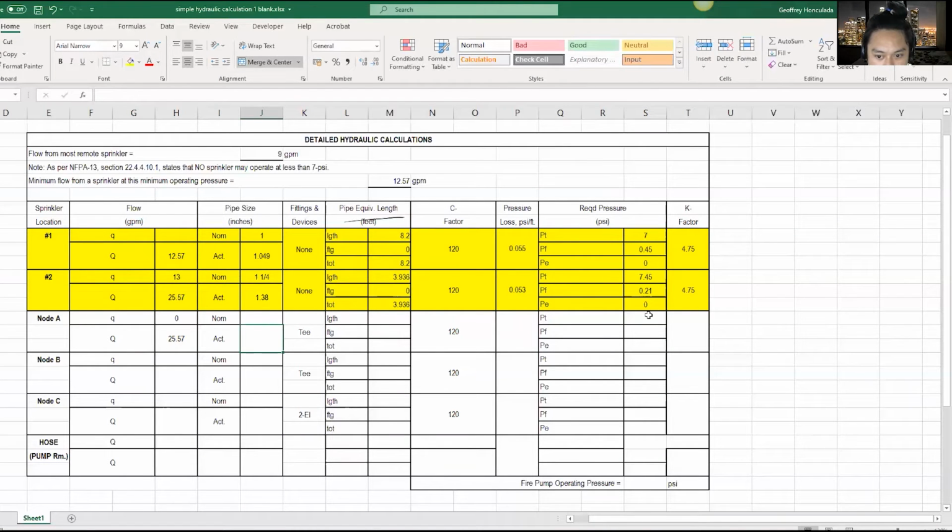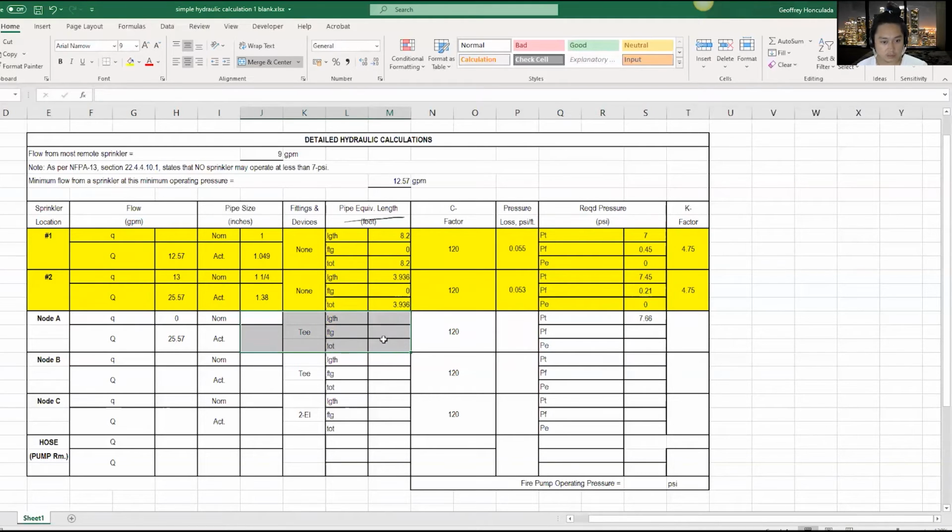The next thing we need to check is to fill this out. First is, I forgot this one, the total pressure at node A. Again, that's just the summation of the pressures at node 2. So all you need to do is add this plus this, and you've got the total pressure required at node A. Okay, we need to solve for this, but before we solve for the friction loss using the Hazen-Williams formula, we need to fill this out.